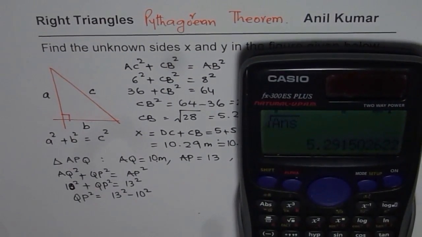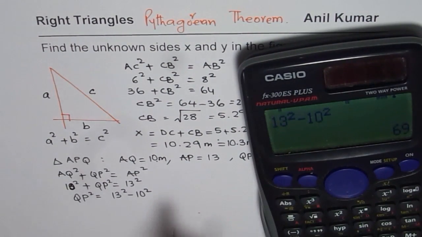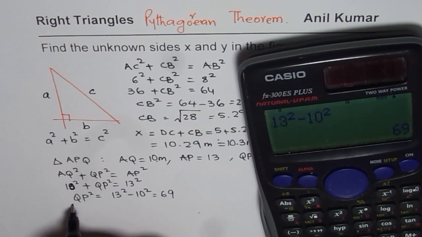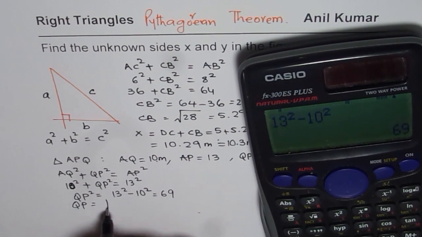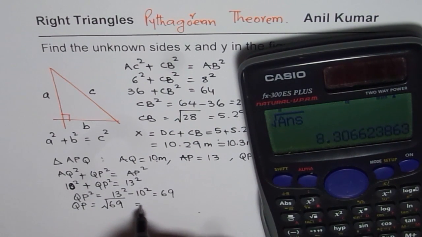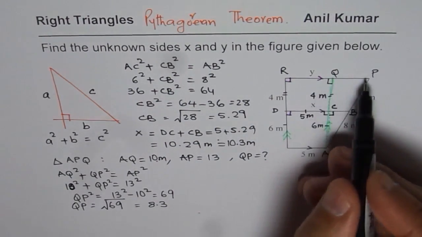So let's find this out. So it is 13 square minus 10 square, which is equal to 69. So this is 69 for us. Therefore, QP is equal to square root of 69, right? So we'll do square root of the answer to get the value in decimals as 8.3, let us say, right? So we get QP.